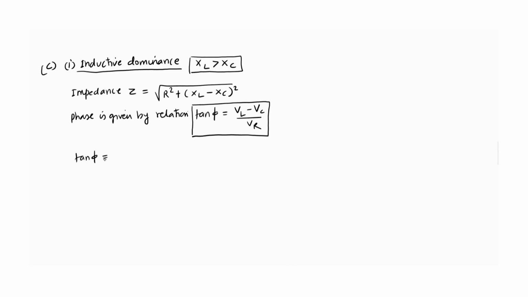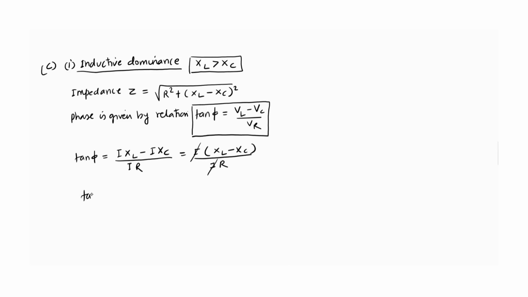Tan phi equals, we know VL is I times XL minus I times XC divided by I times R. On simplification, we can write I times XL minus XC divided by I times R. So I cancels out.